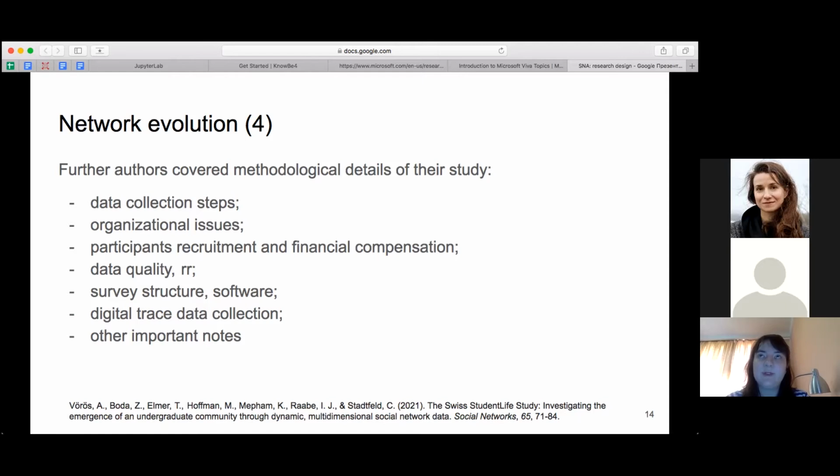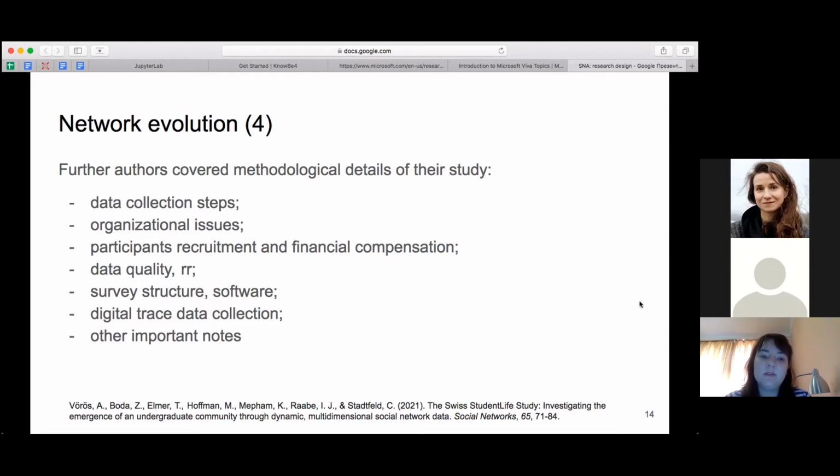They covered all methodological and practical issues that might be important for people who would like to collect data in a similar way. I think it is a very good practice to make documentation. They published this paper in the Social Networks journal. Here is the link.